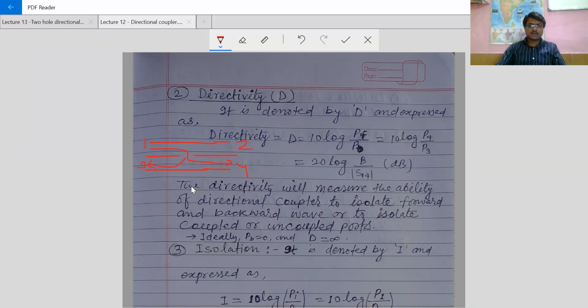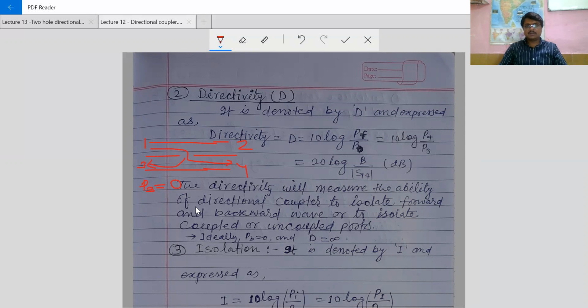This P3, or PB, should be very small. Ideally it should be equal to 0, but in real practice when we design it, a very small fraction of the power will also go to port 3.